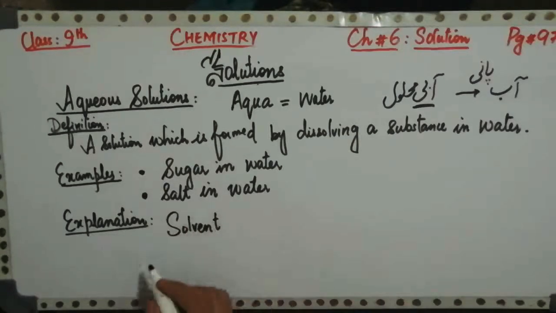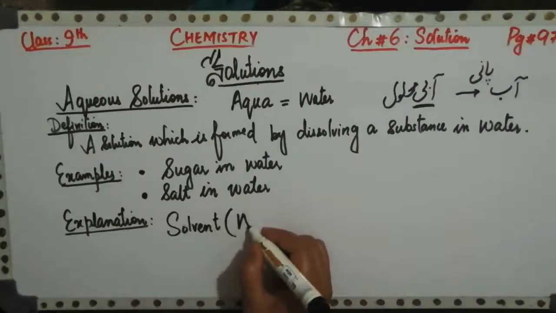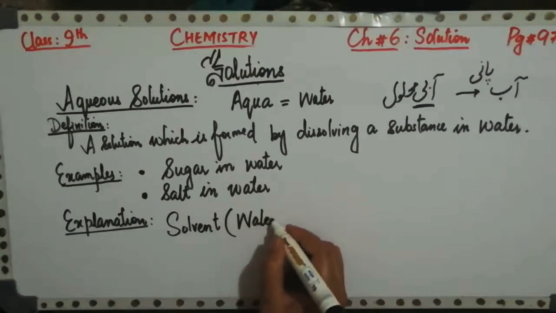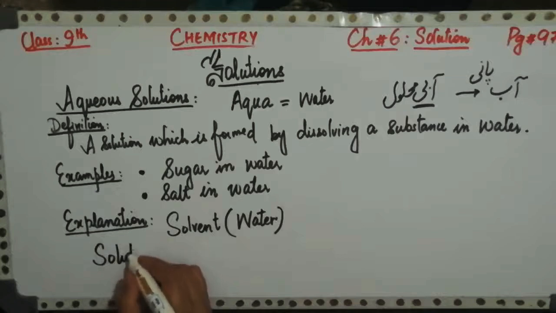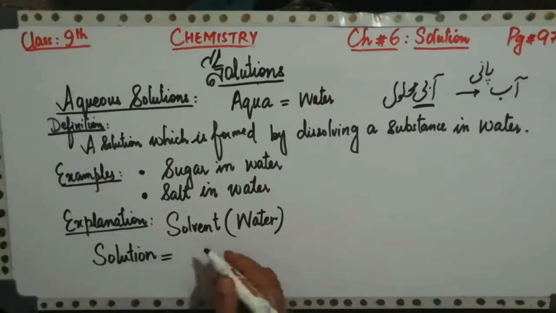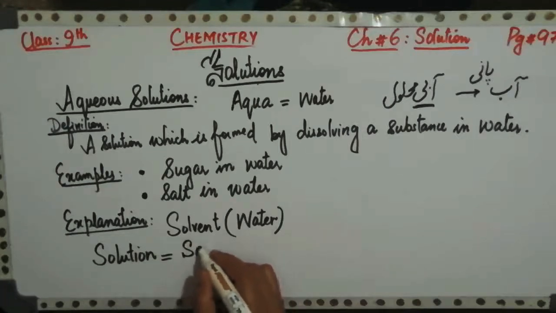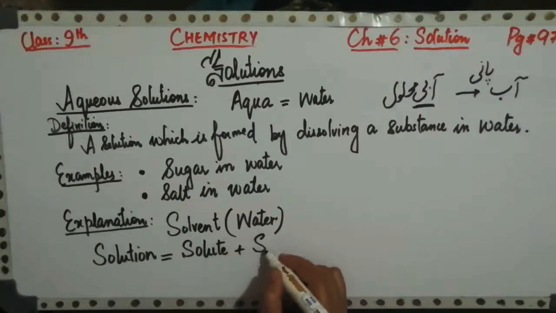And you must know which is the universal solvent which we are using in every case. It is water. Clear? So if you are willing to make any type of solution, then you must know that solution is the composition. It is a homogeneous mixture of two substances. One is called the solute and the other one is called the solvent.